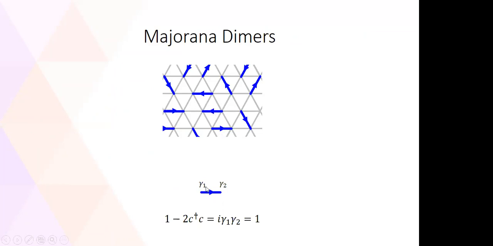This choice can be pictorially shown using an arrow, giving an orientation to the specific dimer we are looking at. If we have an arrow from gamma 1 to gamma 2, we say that i gamma 1 gamma 2 equals 1. This is our choice of how we form the fermionic degree of freedom that we don't occupy in this case. Okay?